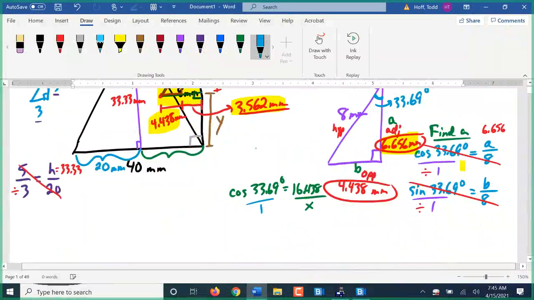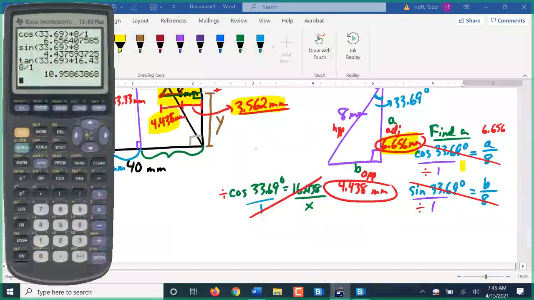Again, we're looking for a missing side, so I'll put my trig function over 1 to make it a proportion so that we can cross multiply and divide. So here it's 1 times the 16.438, which is 16.438, divided by the cosine of 33.69 degrees. Yes, 19.756.